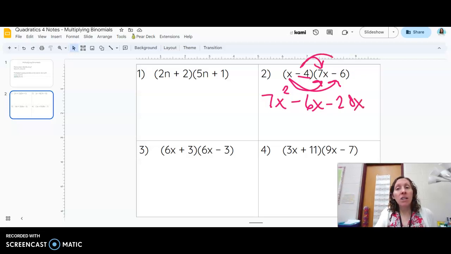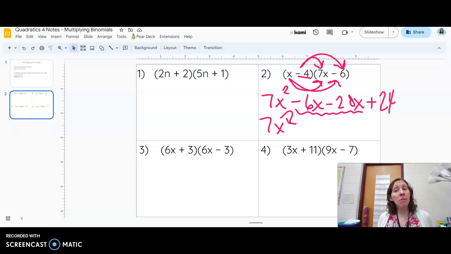And then negative 4 times negative 6 is positive 24. All right, we're going to keep the 7x squared. And then negative 6x can be combined with negative 28x. If we lost $6 and we lost 28 more dollars, altogether we lost $34. So negative 34x plus 24. That would be the final answer.